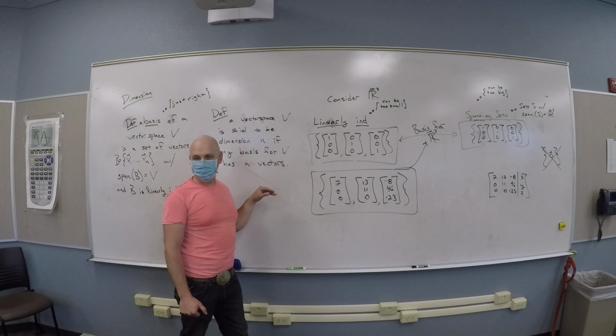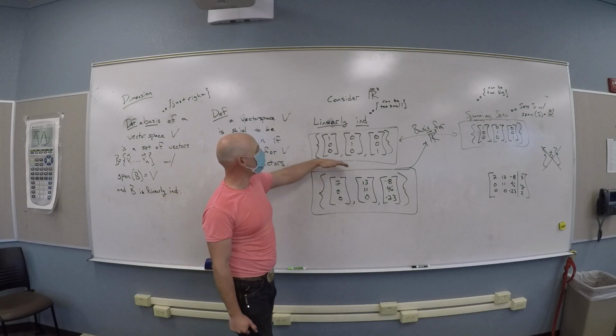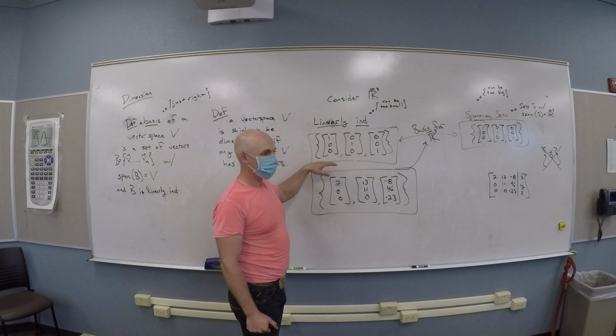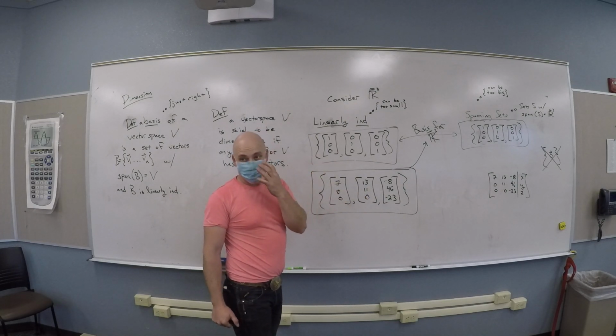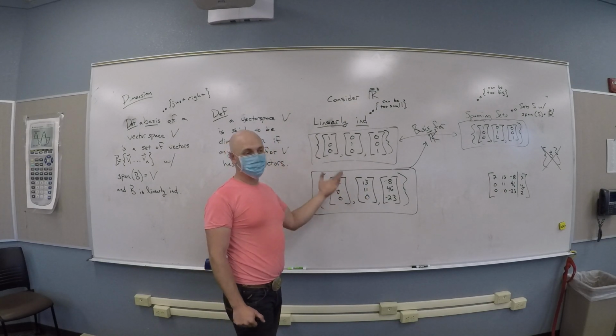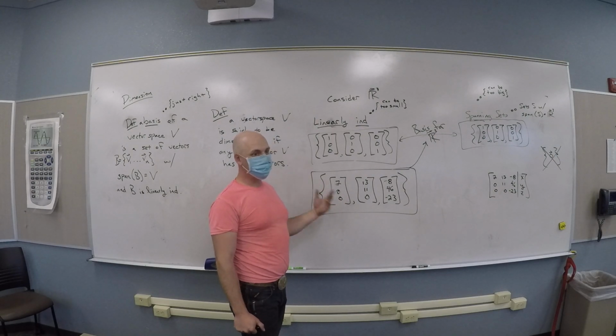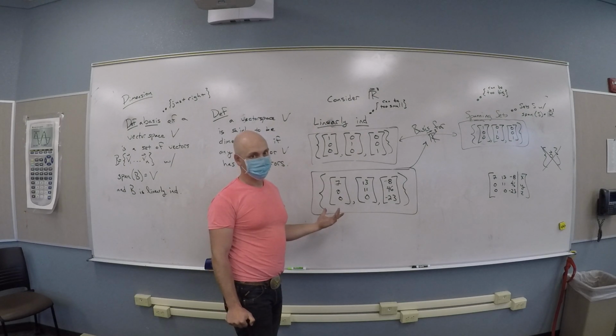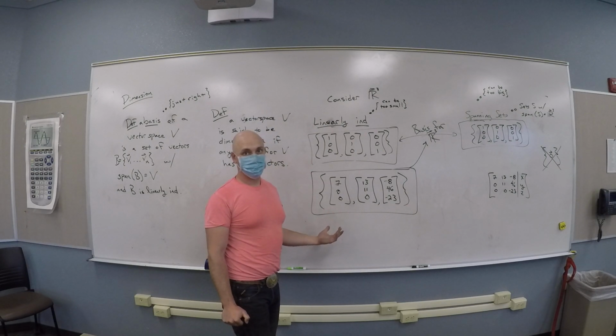Because otherwise, if I could find a linearly independent and spanning set for R3 that had 2 vectors in it, then I wouldn't know whether R3 was 3-dimensional or 2-dimensional. So we need to know that basis sets always are the same size. You guys with me on that? Okay, so I'm gonna let you think about that for 5 minutes and then we'll write it down.